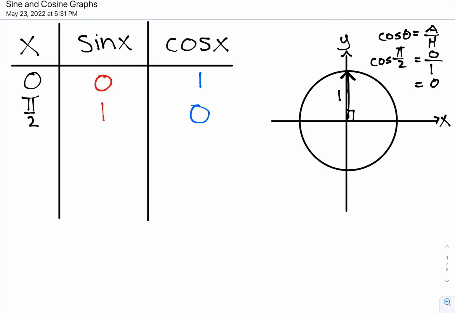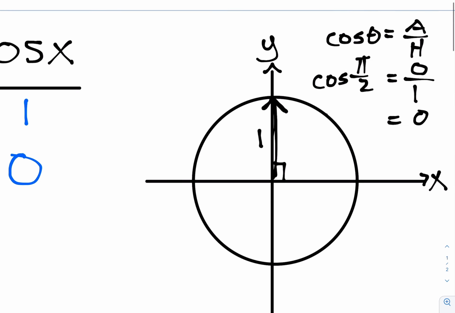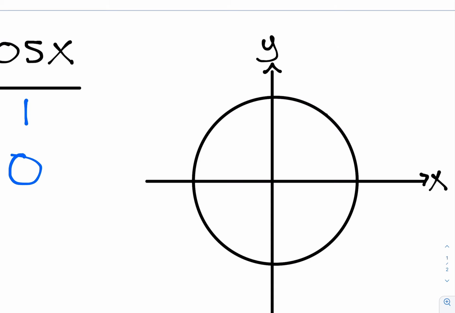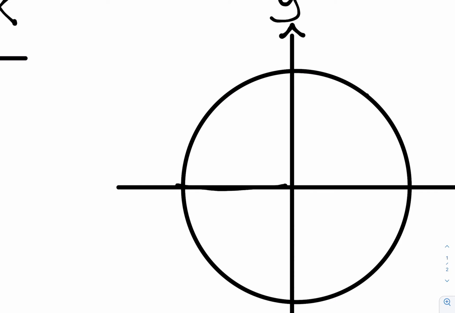Okay. So now let's move on to pi. Let's do the sine and the cosine of pi. Well, pi is just like 180 degrees, right? It's just this angle right here, kind of like a straight line going to the left. Now, I'll make this a bit thicker here.